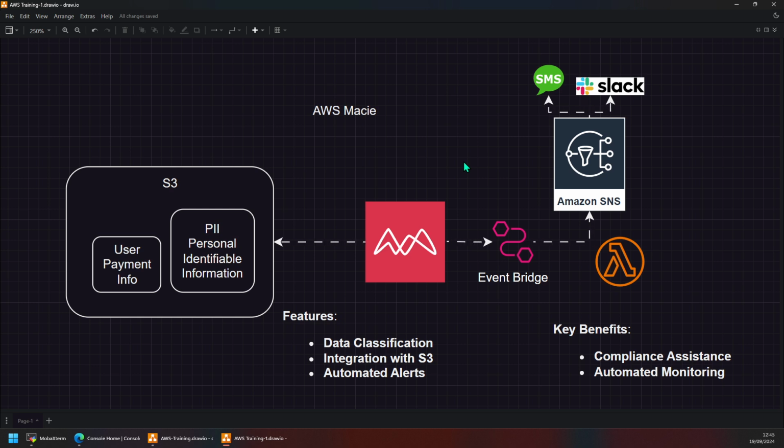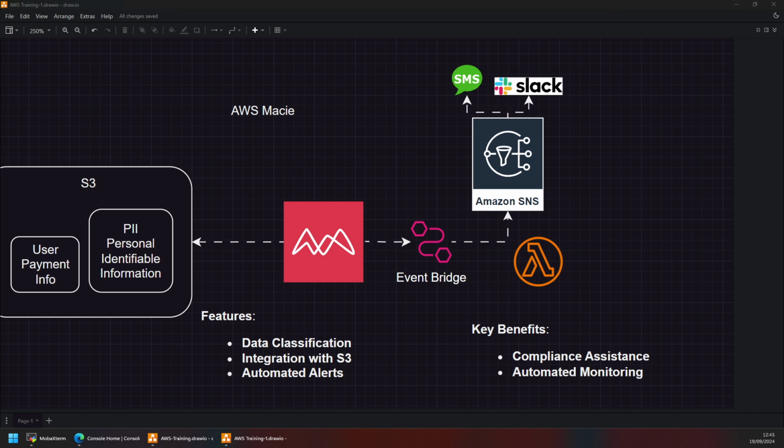Now, getting back on track, let's talk about the key benefits. We have two key benefits: compliance assistance, where we help meet data privacy regulations by ensuring sensitive data is properly managed, and automated monitoring, which continuously scans and classifies sensitive data, reducing the manual effort.